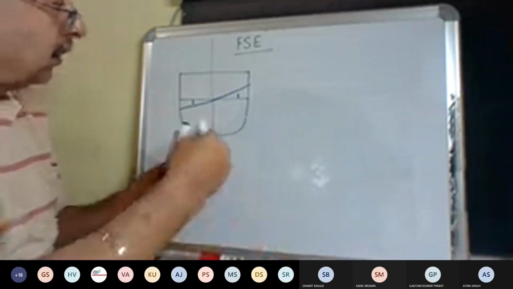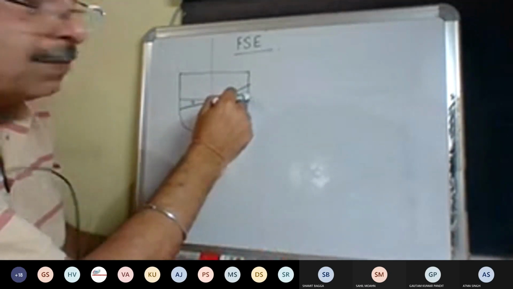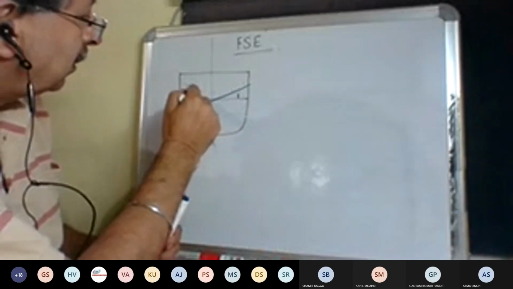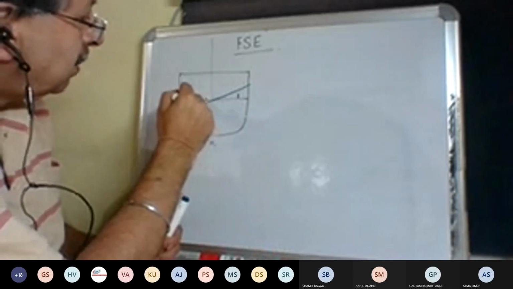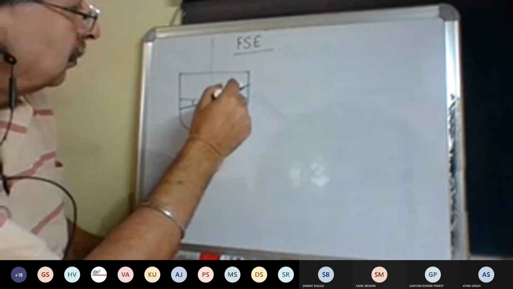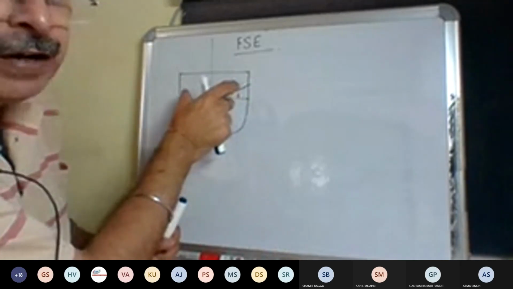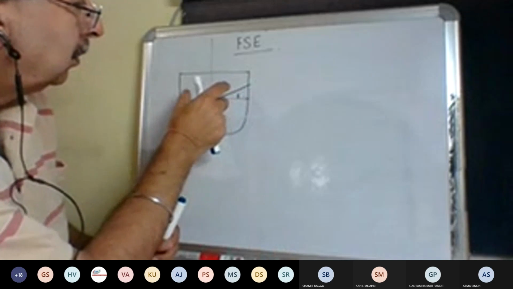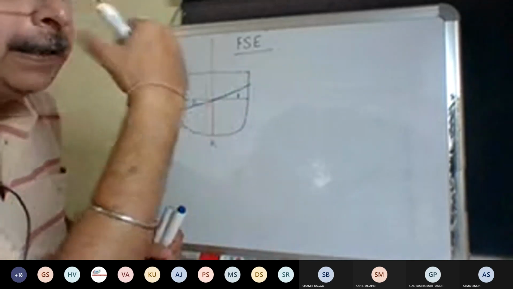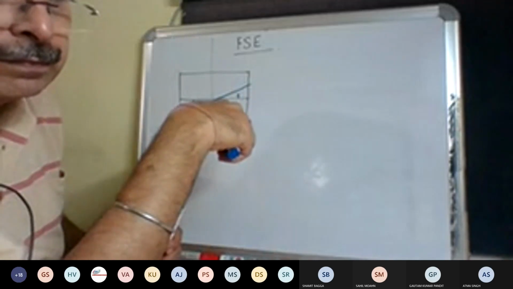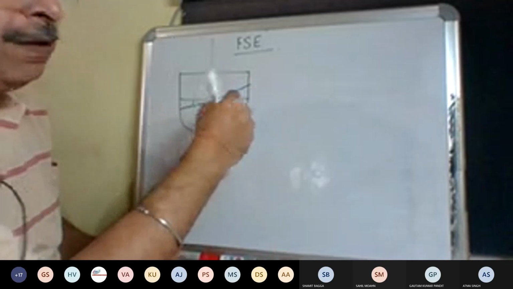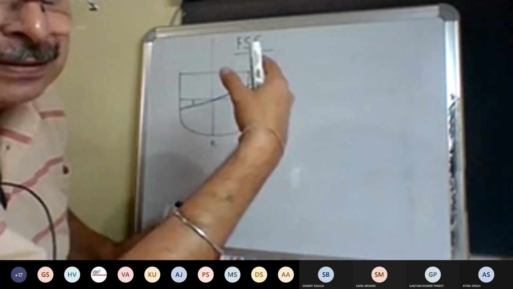So this is called an immersed wedge, and this is called an emerged wedge. This wedge effect is going to cause a vertical shift in the direction of G. So the G will consequently rise.